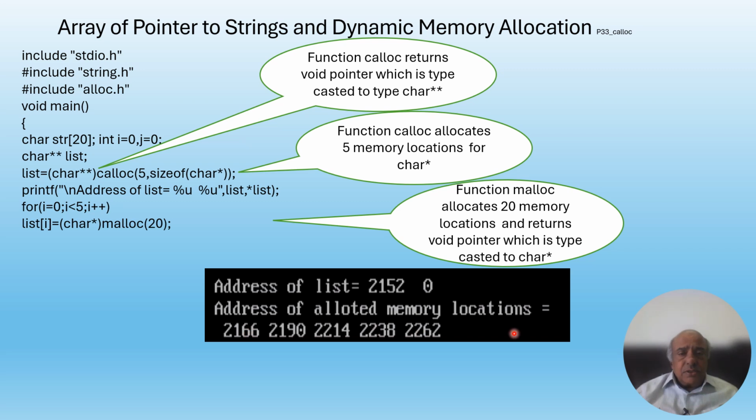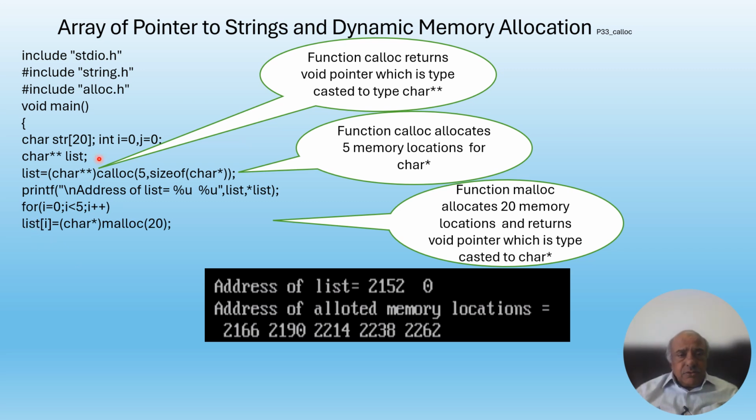These 5 are the addresses of the blocks of memory allocated by the malloc function, and those addresses we are storing in the array of pointers to strings named list.